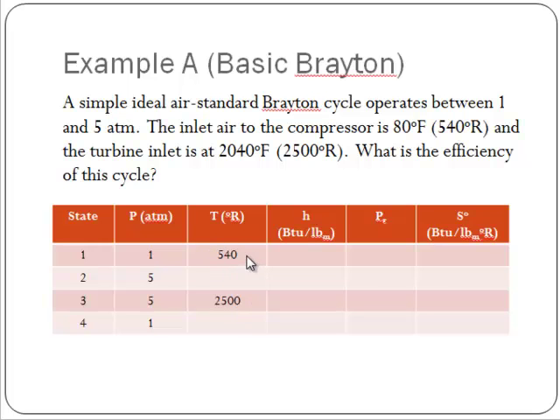If I have just the temperature, that's all I really need. I can go to those ideal gas tables, find one in engineering units, and look up those pieces of information. Now in this case, because it's flow, I need H, and PR is going to help me out when I start doing isentropic calculations, and S naught if I need to calculate any entropies.